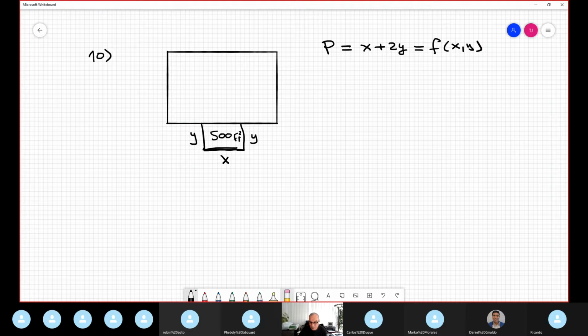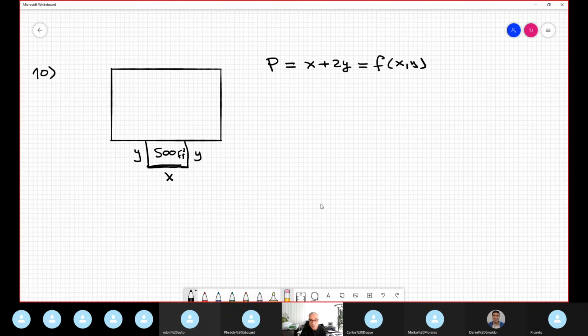Remember, in any optimization problem, we have two functions. The objective function, that is the function that you want to maximize or minimize, in this case minimize, and the constraint. And the constraint in this case is the area. So we are subject to the area. Area is x times y equal 500.